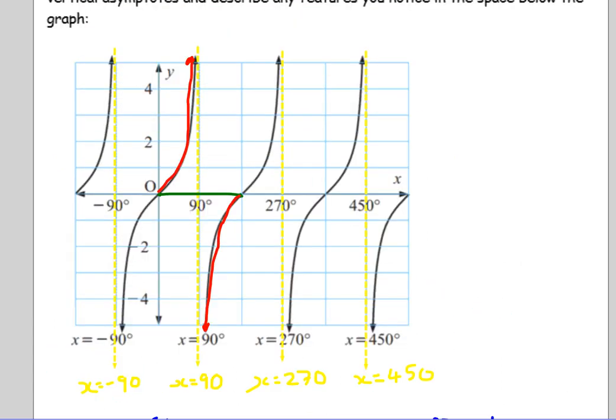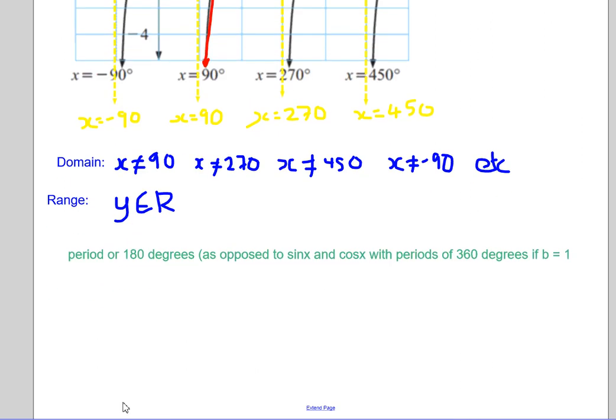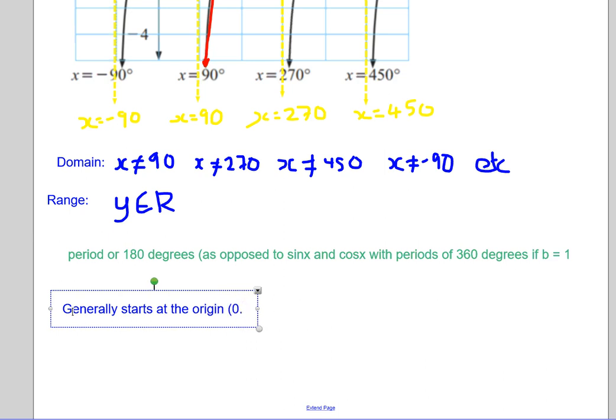It starts at the origin, which is coordinate 0, 0, similar to sine x. So in that sense it's similar to sine x.